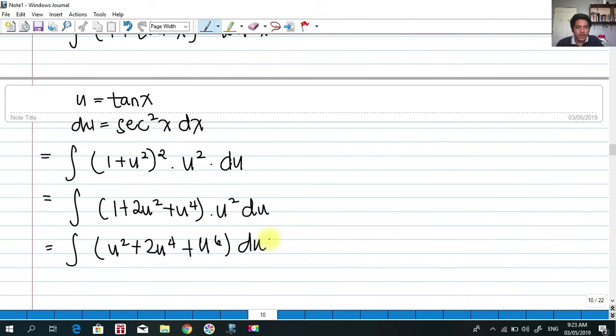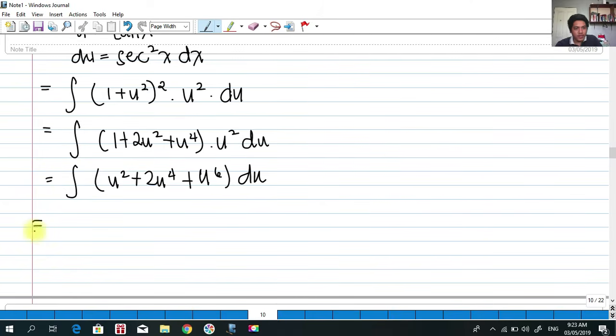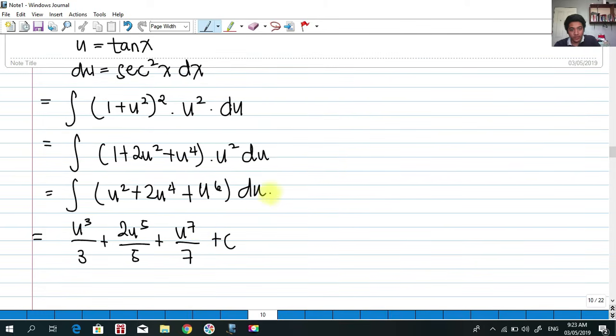So evaluating that, our integral is in the form of power. So we have u cubed over 3 plus 2u raised to 5 over 5 plus u raised to 7 over 7 plus c. And again, our chosen u is tangent. So we have to substitute it back to its original function.